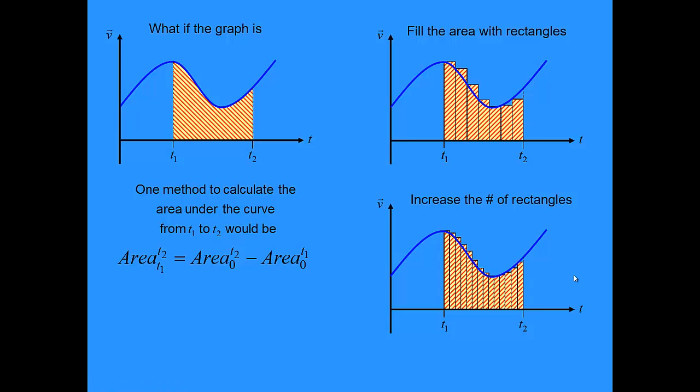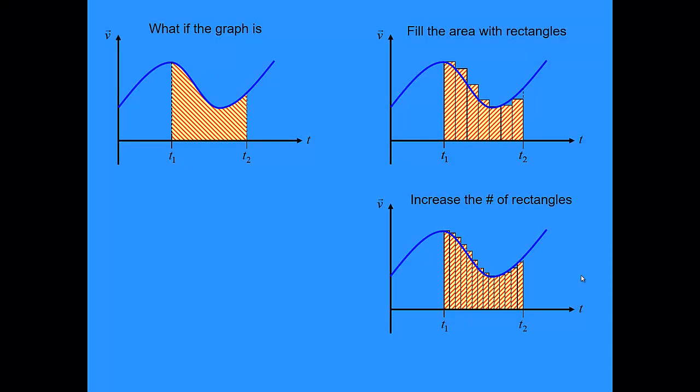And if we wanted a perfect fit, we would take that number of rectangles and increase it to infinity. That in math, in pre-calc, is what we call taking the limit. So we would take the limit of the sum, it's a summation symbol, of the area of the rectangles as the number of rectangles approaches infinity.